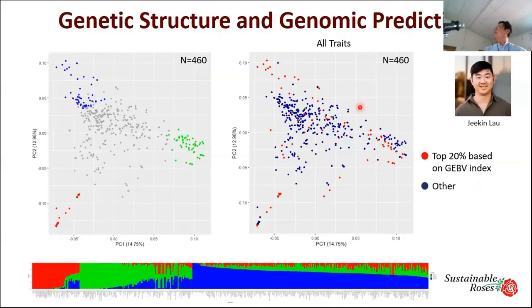Again, now the same plot as this one, with red being the top performers for multiple traits, in this case RRD, Cercospora, and black spot, and in blue all other lines that would be less competitive, if you will. What we see here is that we've got top performers throughout the span of the diversity of the germplasm, meaning that we have good sources for breeding purposes, if we like.